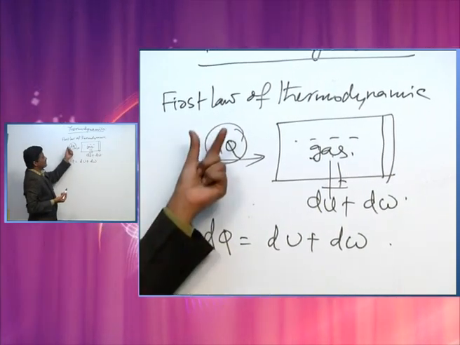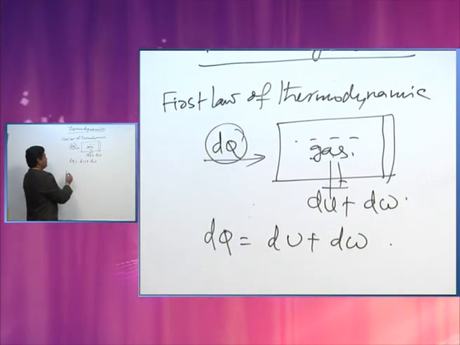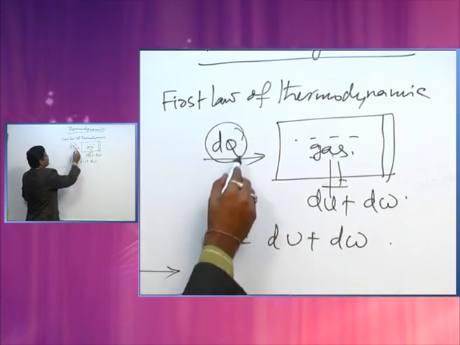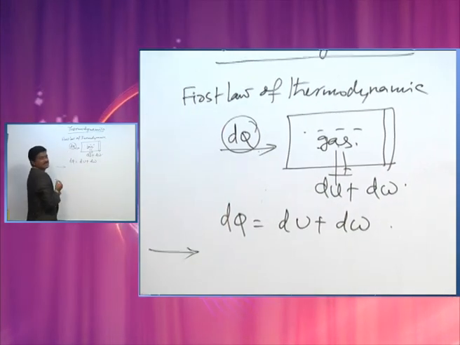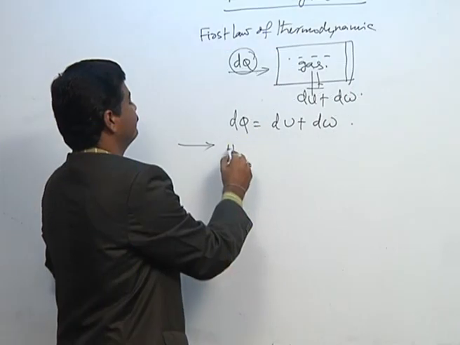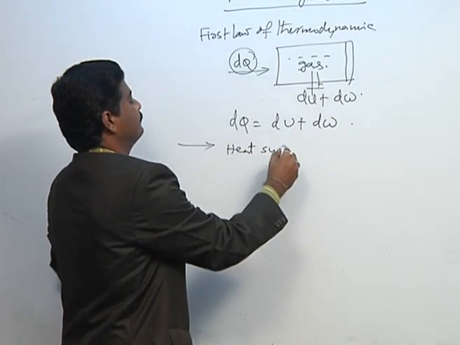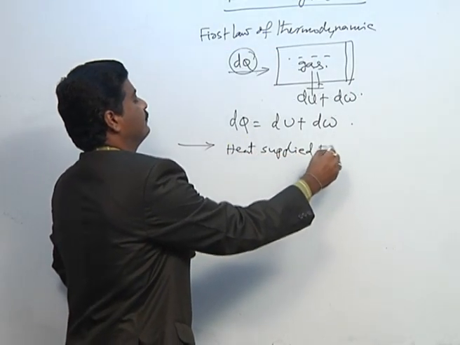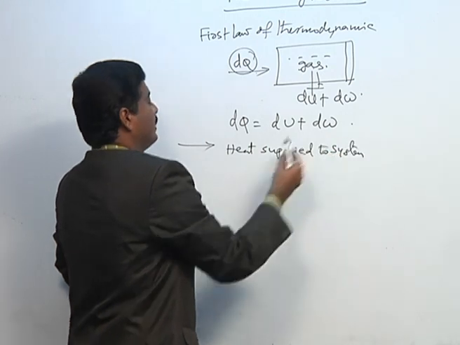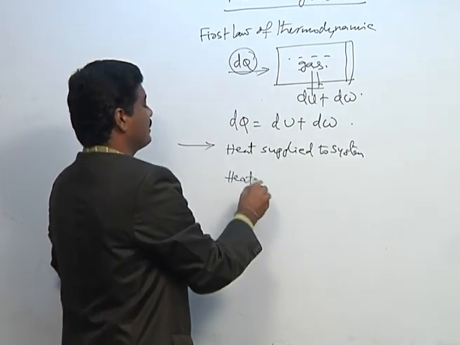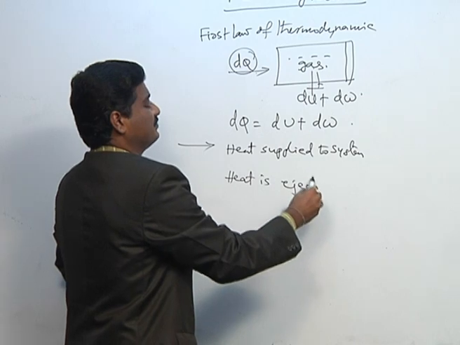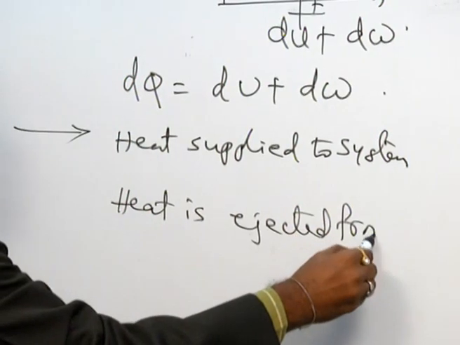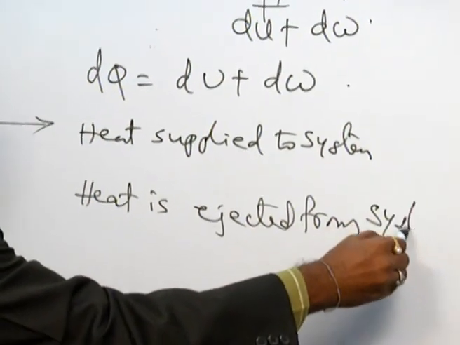By applications of the first law of thermodynamics, we have some assumptions. The first one, heat is supplied to the system. Next one, heat is ejected from the system, or taken from the system.